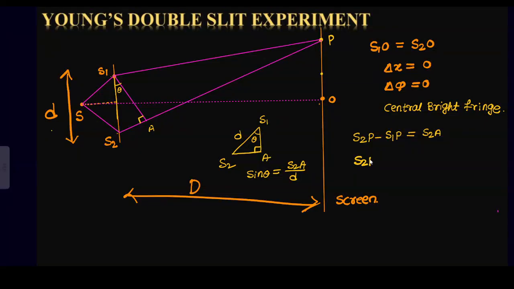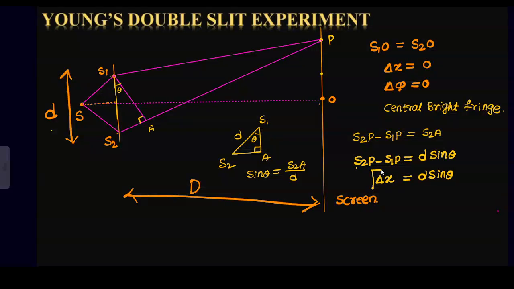So S2P minus S1P is equal to D sine theta, isn't it? Where S2P minus S1P is called the path difference. Path difference is D sine theta.